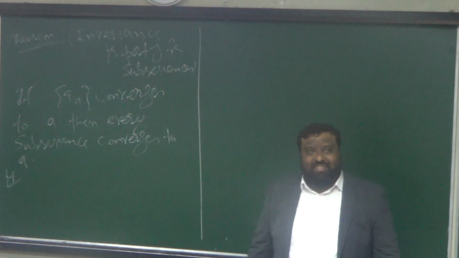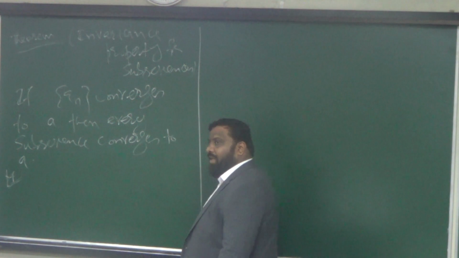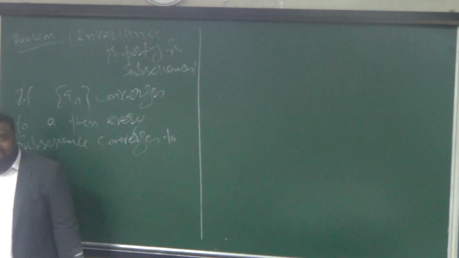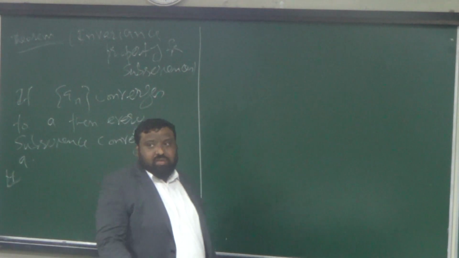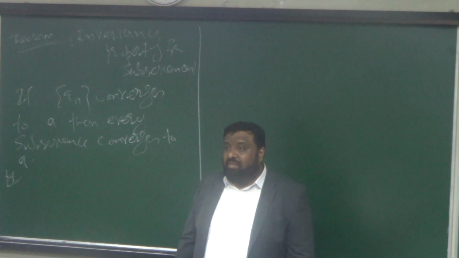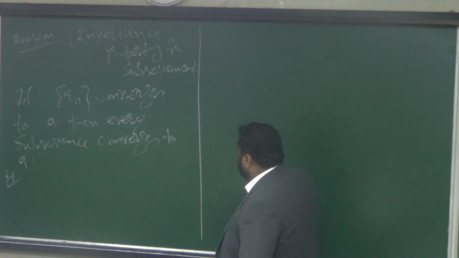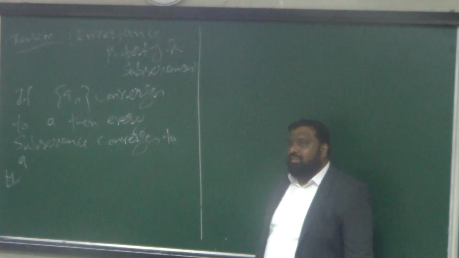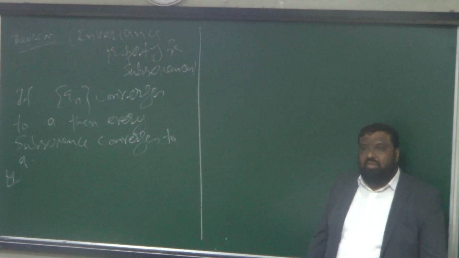But I want an even better statement. If a subsequence is divergent, then the sequence is divergent. Even better: if the limit of a_{n_k} as n approaches infinity is equal to a, and the limit of another subsequence as n approaches infinity is b, then a is not equal to b.